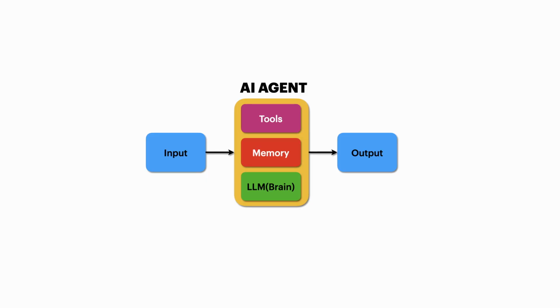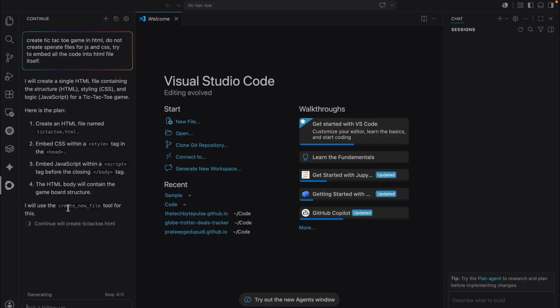Basically, any coding agent will interact with the model, and after the response comes back from the model, it works on the tools available within the coding agent. Create new file is one of the tools the Continue agent is using to create files.